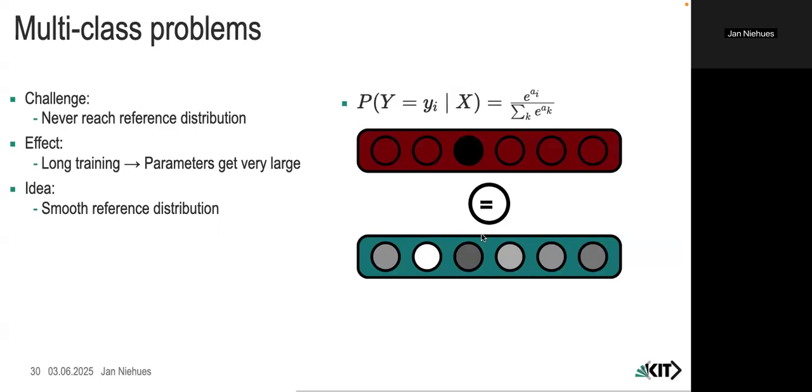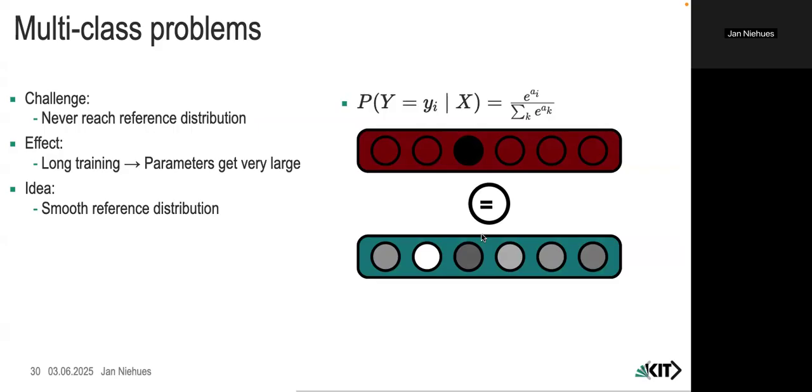If you're training to predict a sentence, it tells you the next word should be KIT, but maybe Karlsruhe Institute of Technology as 3 words would also be good. It's just that in your training data, you have only one label.